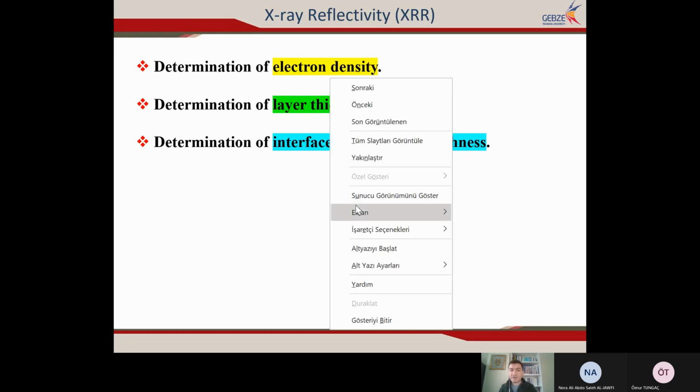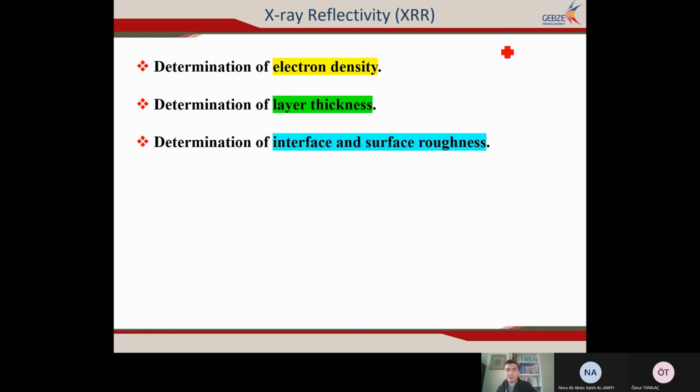In addition to that, if you have a multi-layer system, let me draw a multi-layer here. Let's consider this is a multi-layer thin film system. This is the silicon substrate. And here we have iron, for example, let's say 10 nanometer thickness.